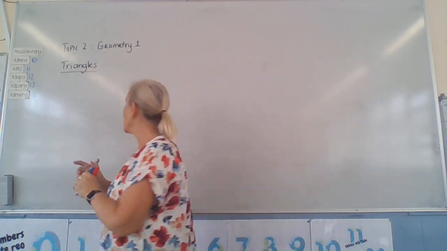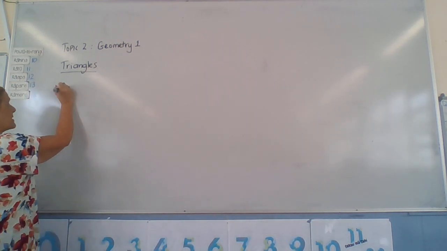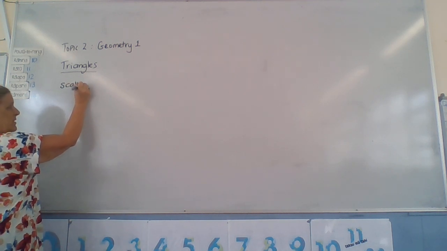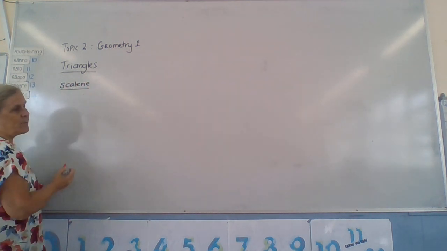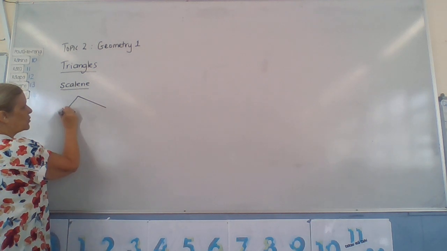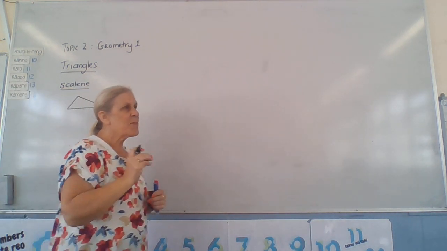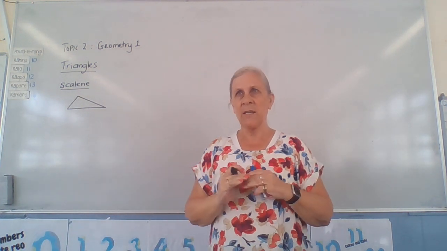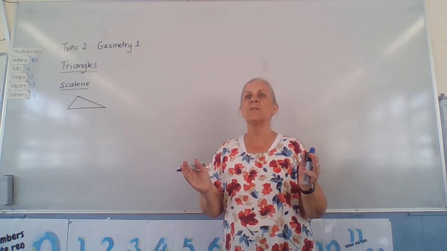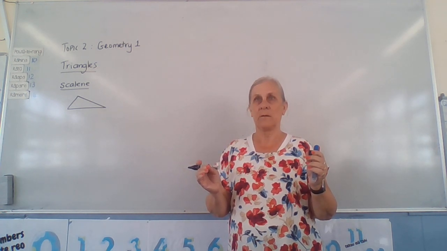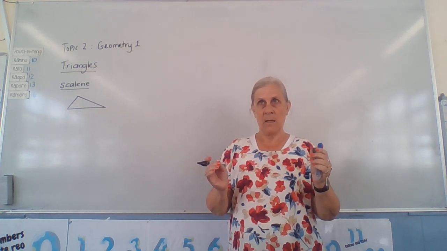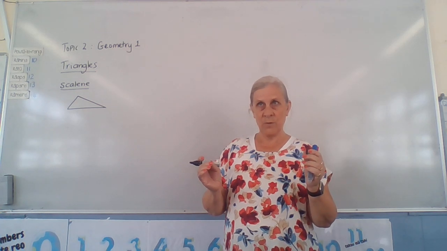So to start off with, we're going to start with the one that has nothing special about it. The scalene triangle. So when we draw a scalene triangle, we have to make sure that it has no equal sides, no equal angles, and no right angles.